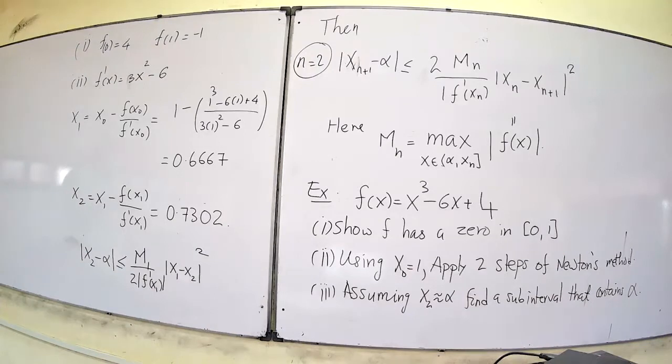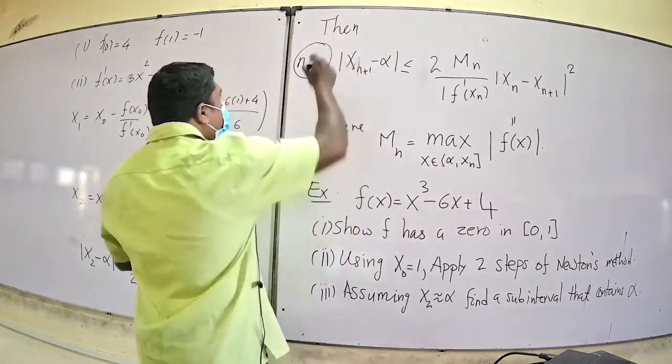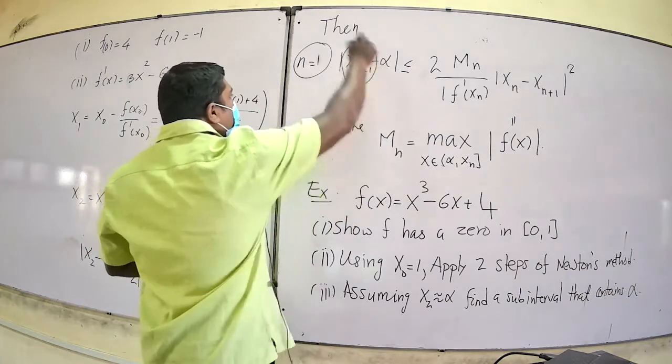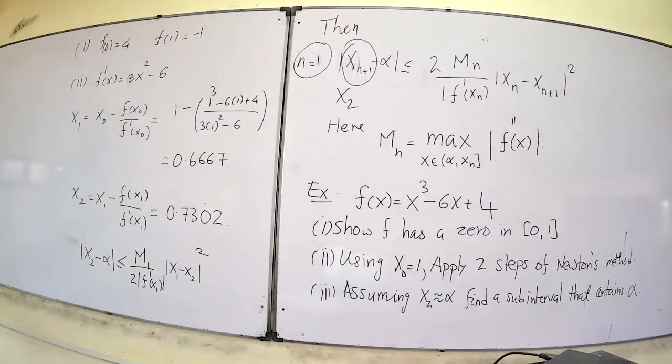So in the posterior error bound, you put n is equal to 1, because you assume x2 is approximately equal to alpha. So n plus 1 is 2, so n is 1. So when you put n is equal to 1, you get x2 minus alpha is less than or equal to m1 over 2 times f prime of x1, times the quantity x1 minus x2, squared.